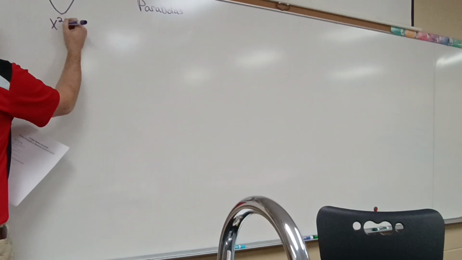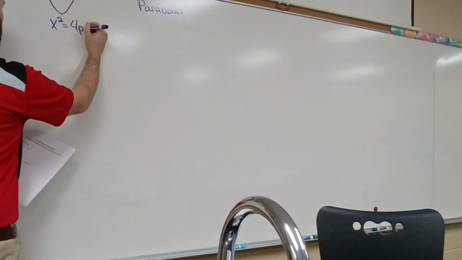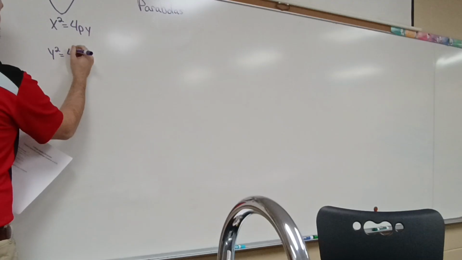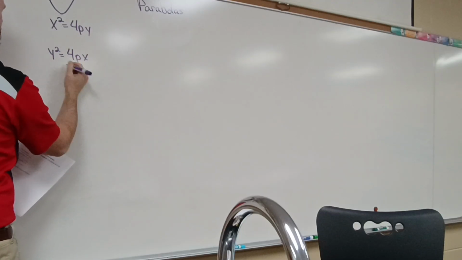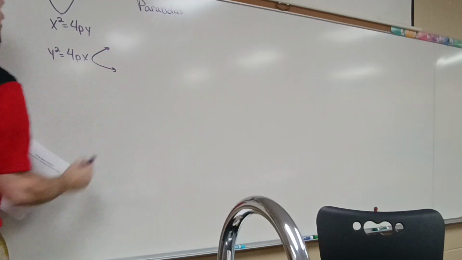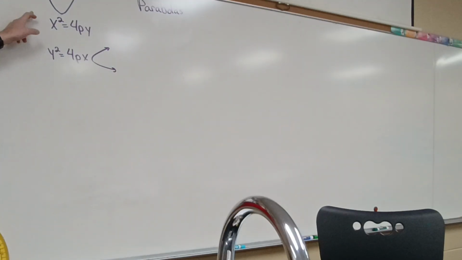They're either x squared equals 4py or y squared equals 4px. Okay? Have you seen this parabola before this year? Quadratics are parabolas, right? Like x squared plus 4x minus 2 equals 0 is a parabola. We can have sideways parabolas as well if it's y squared.